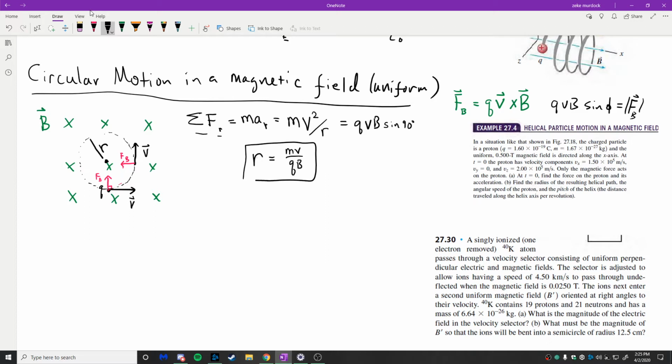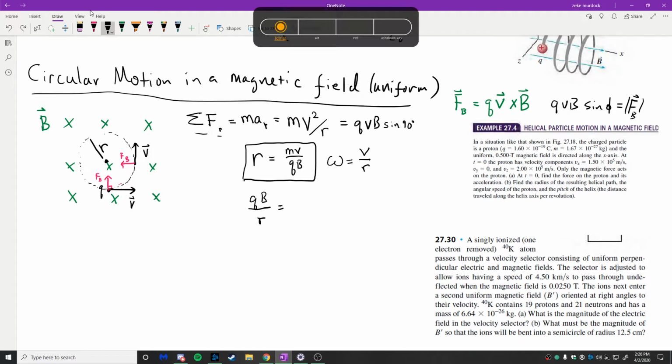Here we go. We could also find, if we want to, the angular frequency that the object moves along, right? Because there's this relationship that says that angular frequency omega is equal to velocity divided by radius. Does that look like something familiar to you? So if we rearrange this equation, you can prove for yourself pretty easily that if we take qB and divide by the radius r, then we're going to get, I think, omega.